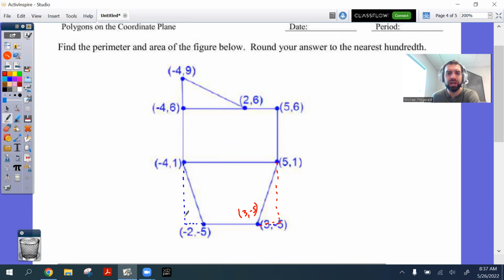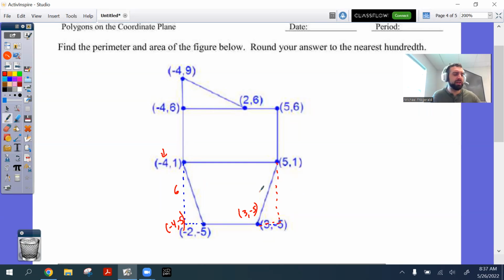So like when I'm drawing a line straight down here, we're given already that our x coordinate, our lateral coordinate, is -4. So when I'm going straight down, I'm going to be still at -4 something, right? So I'm just going to be at -4 until I get to this y value down here of -5. So it's the point -4, -5. Well, how long is this then? Well, if we're going straight down, we only need to compare the y values. From 1 to -5, how much have I moved? 6 units.